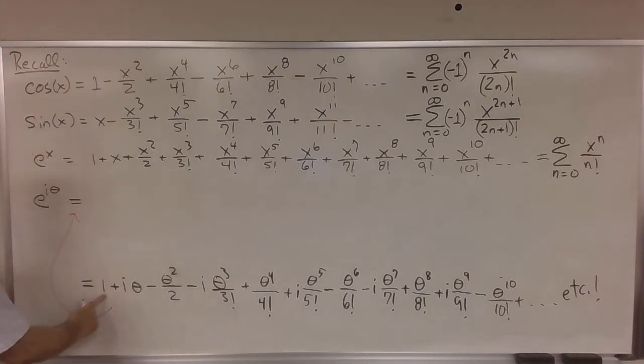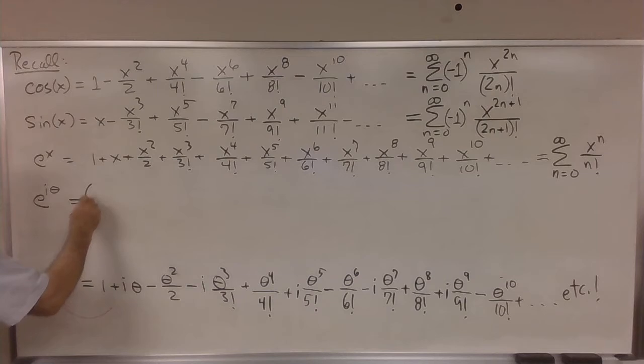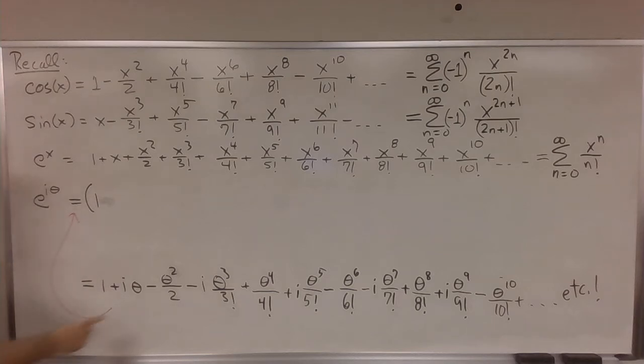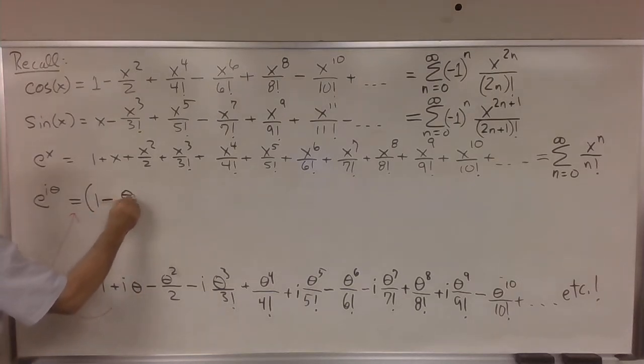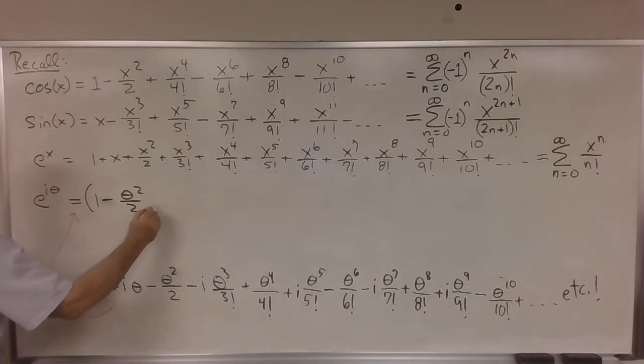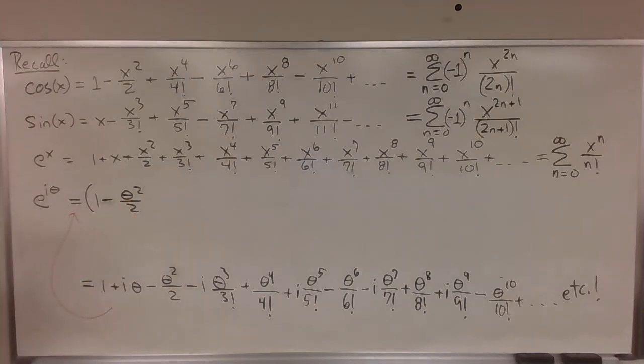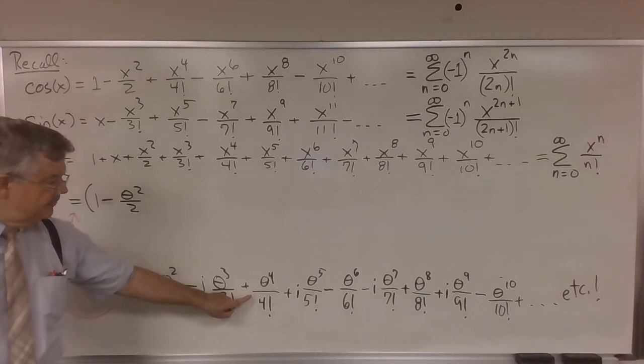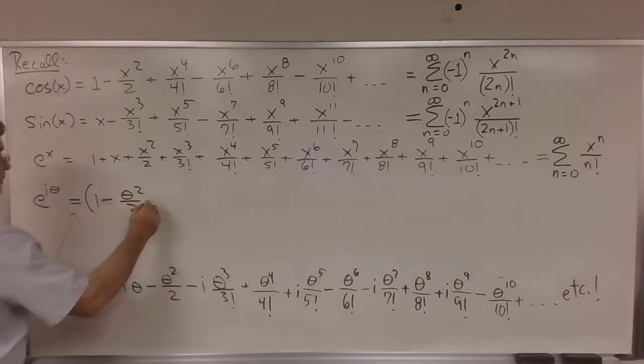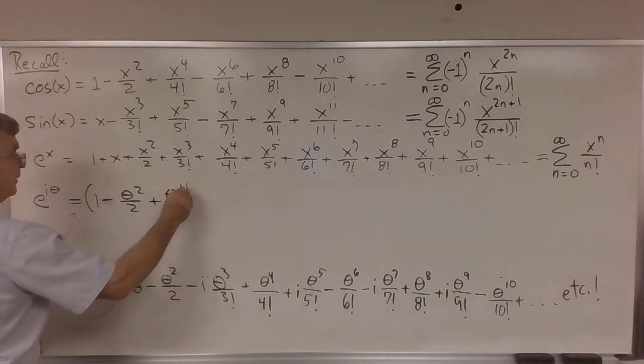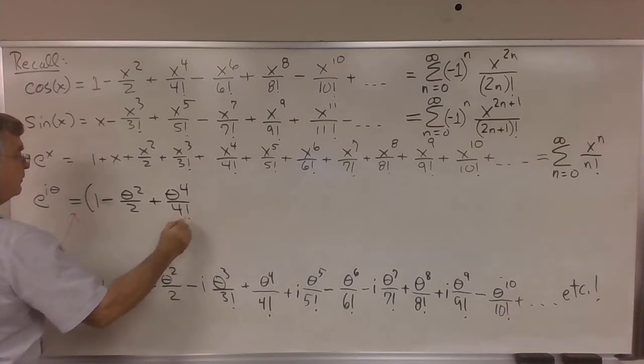Okay, let's see. This doesn't have an i, so that's 1. And the next term that doesn't have an i is this thing, minus theta squared over 2. The next term that doesn't have an i is this thing, plus theta to the 4th over 4 factorial.